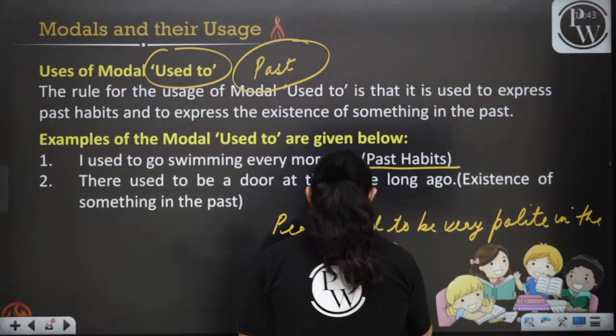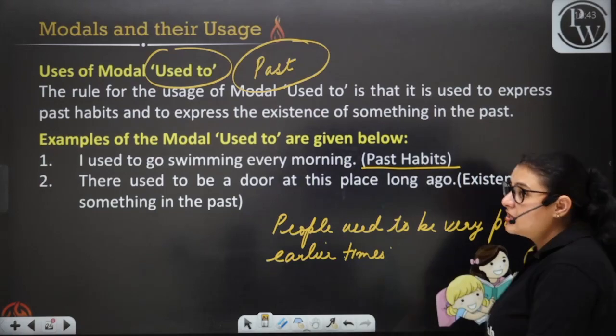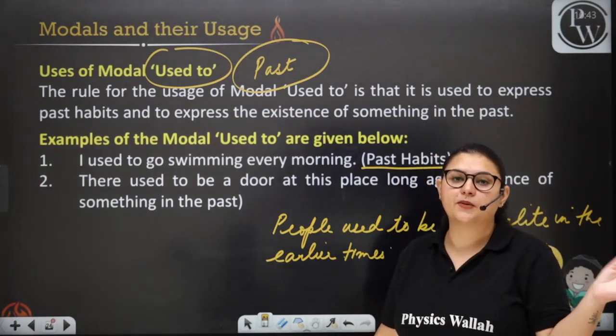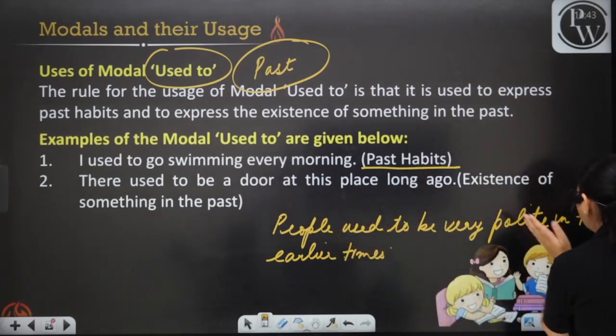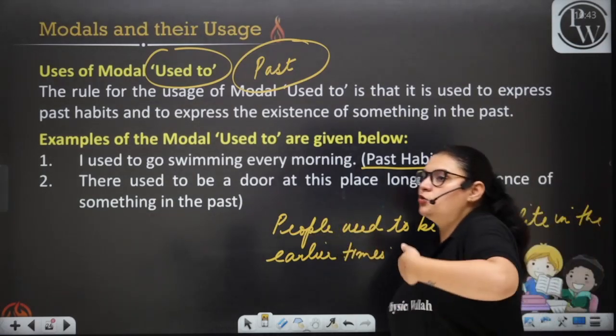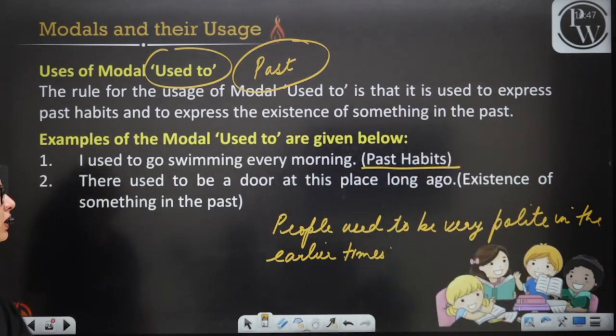Now, this thing is also something which used to be in the past, but it is not there in the present, that people used to be very polite in the earlier times. They used to be very helpful in the earlier times.